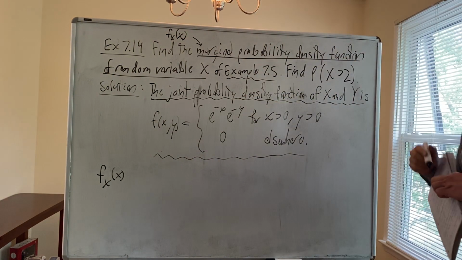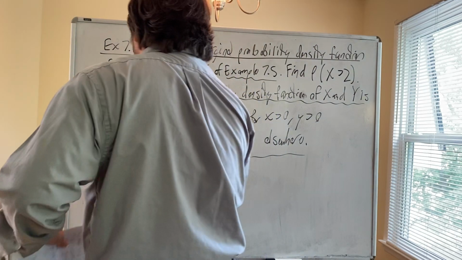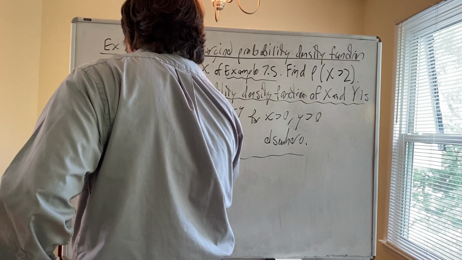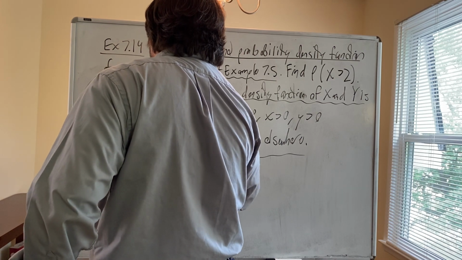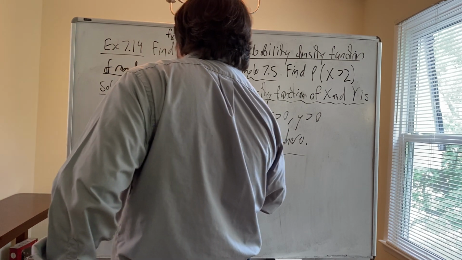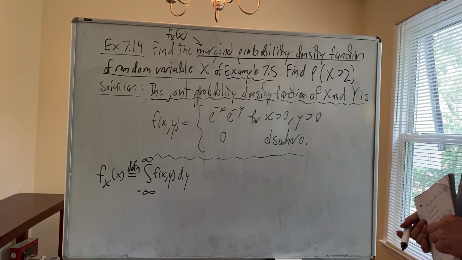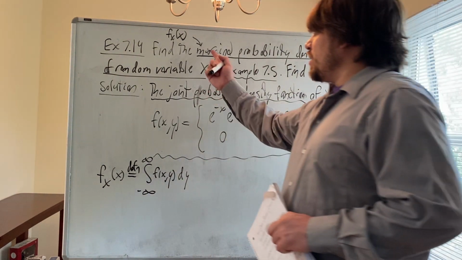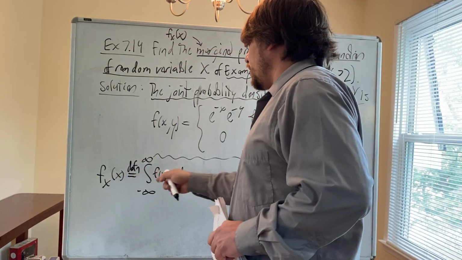And by definition, it's the integral from negative infinity to infinity of little f of x comma y dy. That's the notation for that, and by definition it's equal to that.